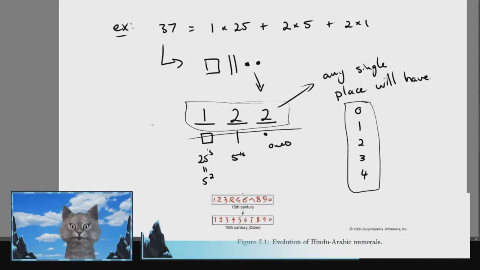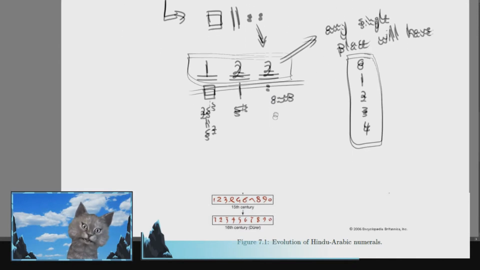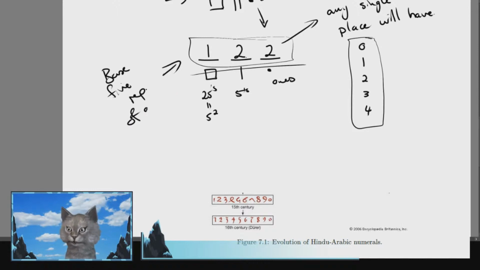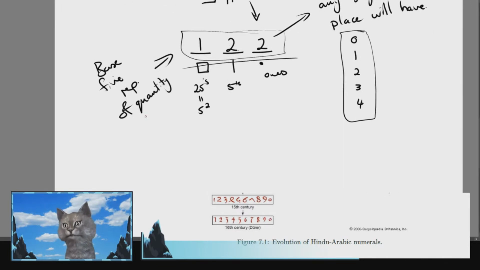And we can make longer and longer representations, still recycling these 5 symbols. We don't need to make newer and newer symbols. So this is going to be our base 5 representation of the quantity 37.